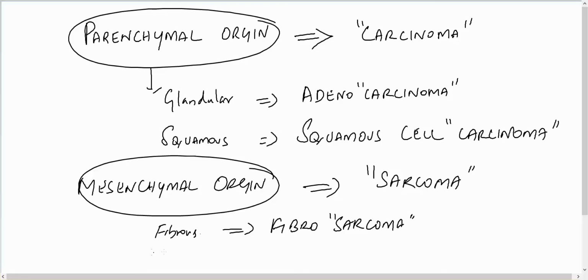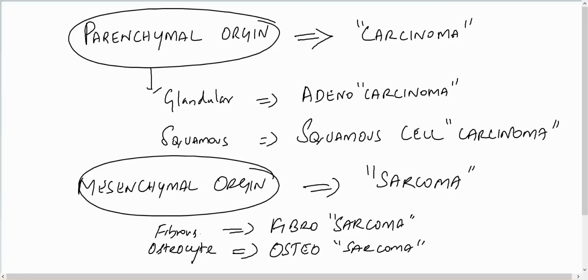If the origin of cell is from osteocytes, which are bone cells, it is called osteosarcoma. Likewise, if it has chondrocytes, cartilage cells, it is chondrosarcoma. If from muscle cells, it is called myosarcoma. If it has smooth muscle cells, it is called leiomyosarcoma. If it has skeletal muscle cells, it is called rhabdomyosarcoma.